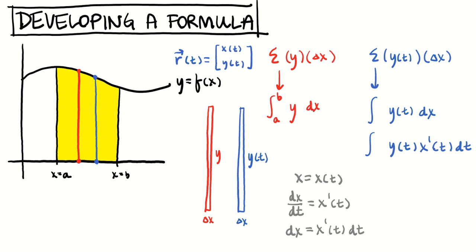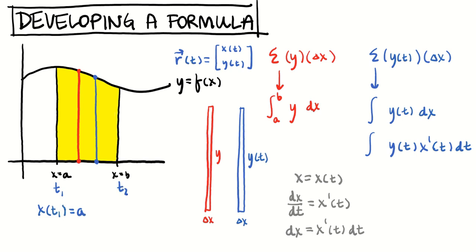Okay. But the bounds of integration are feeling troublesome because a and b are x coordinates. Okay. And so if I say that x equals a happens at time t1, what that really means is that x of t1 equals a.